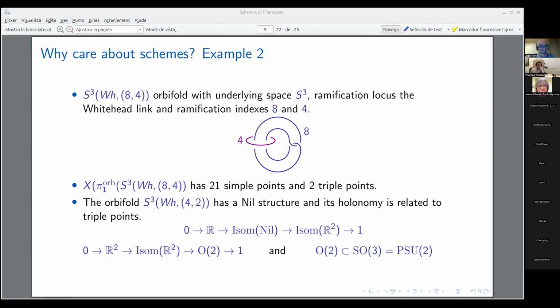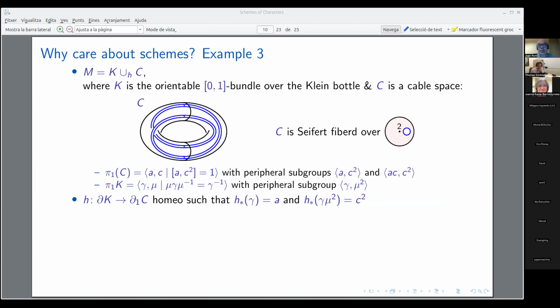Okay, and so let me show a last example. And this last example is not an orbifold. Now it's not really a knot exterior, but it's a manifold constructed from two pieces, K and C. K stands for Klein bottle.